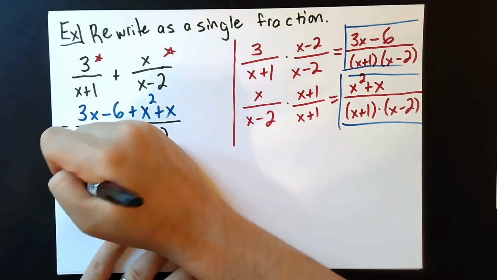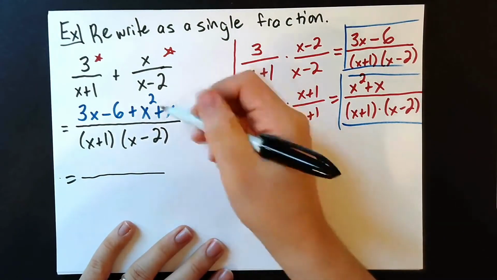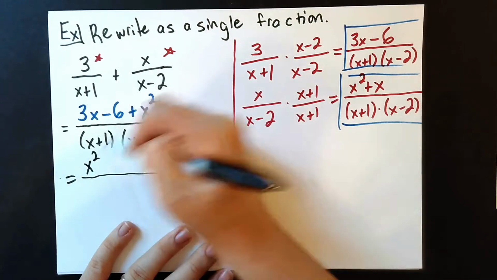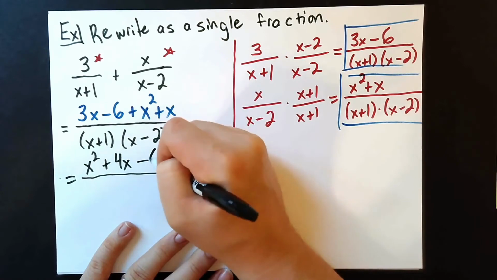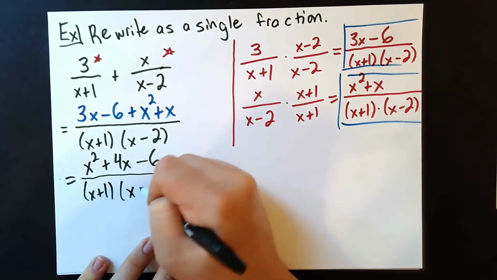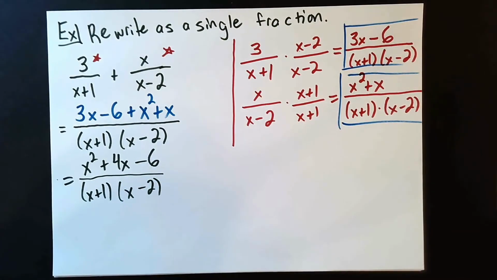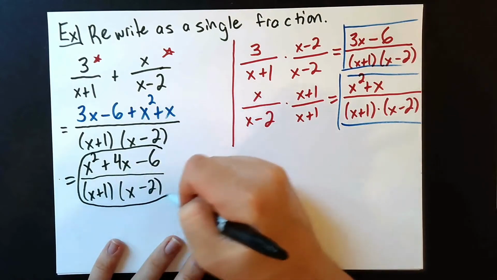And so after doing that, what am I going to get? Well, I can collect like terms in the numerator here, so I will get an x squared plus 4x minus 6, and then I will divide that by x plus 1 times x minus 2. Okay. And that is a perfectly fine way to leave the answer.